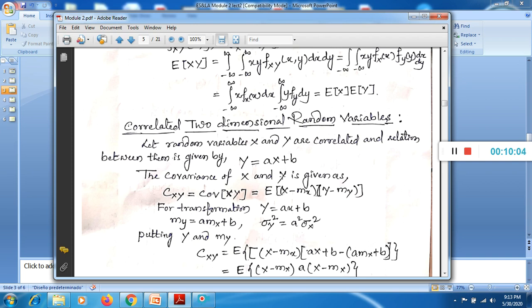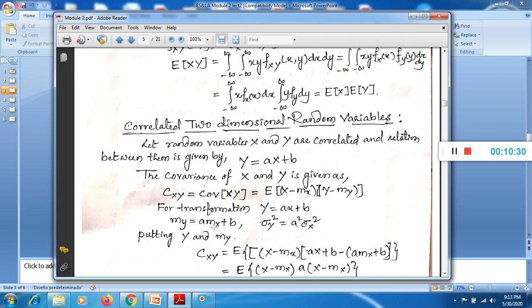The covariance of x and y is given in this fashion for the transformation y is equal to ax plus b. So the random variables x and y are correlated in this fashion.